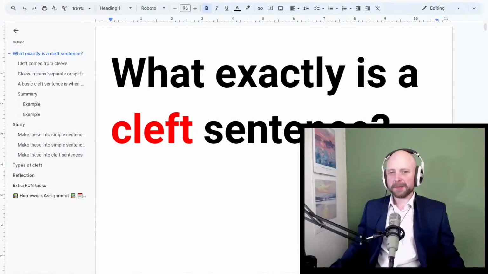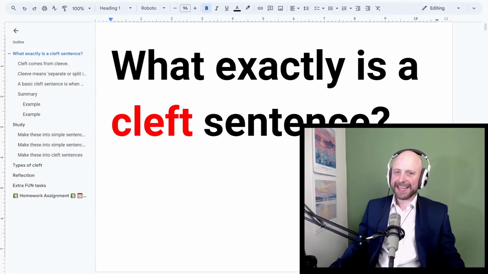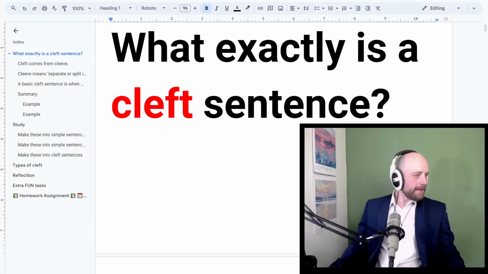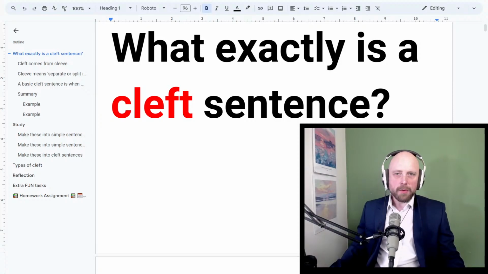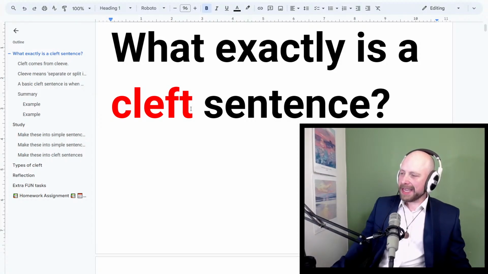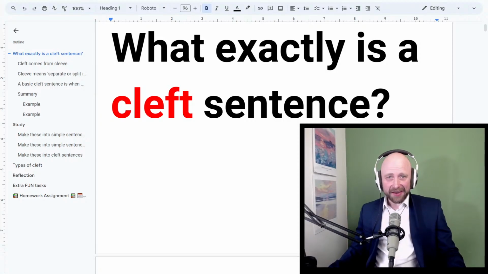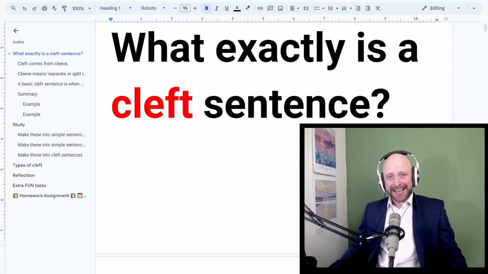So, let's begin. What exactly is a cleft sentence? A good place to start. And in answering this question, we may want to consider the meaning of the word cleft. Cleft is actually the past of cleave.